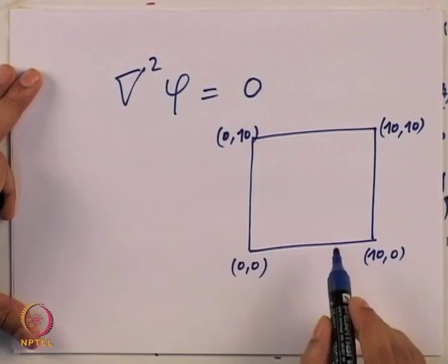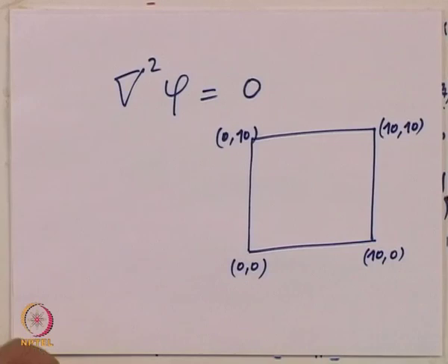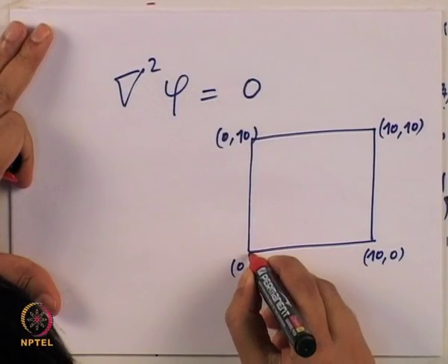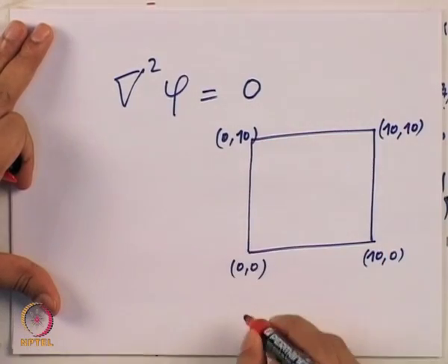So for the simple case, let us start with a square domain and define certain boundary conditions. Boundary conditions, as we discussed before, are going to be the definition of potential along these four sides.